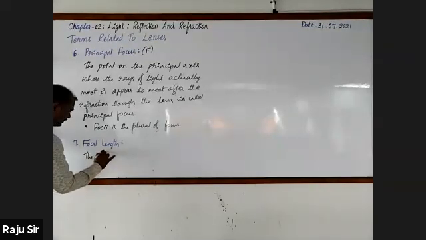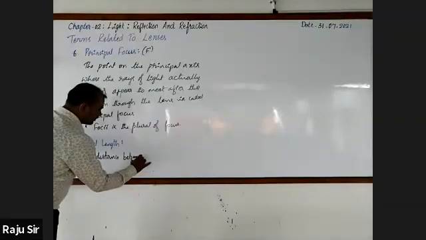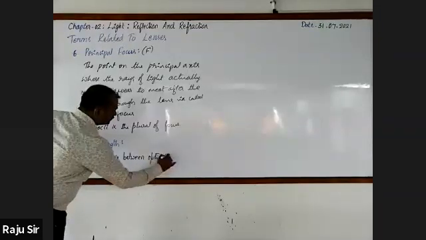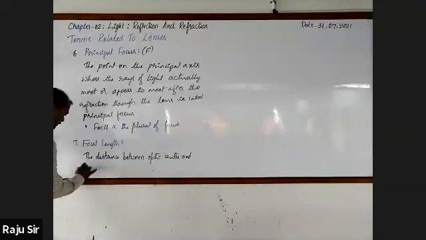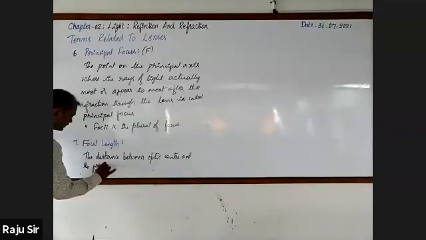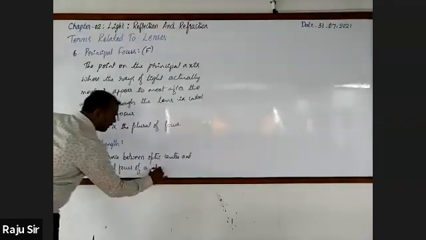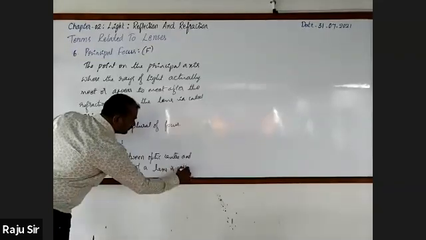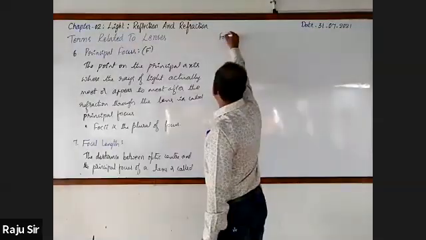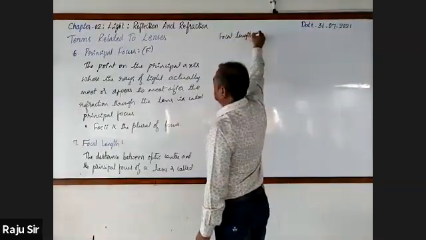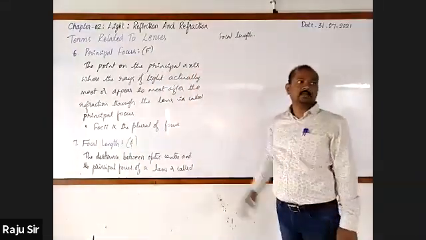The distance between optic center and principal focus of a lens is called focal length. In bracket you write, it is also denoted by f.